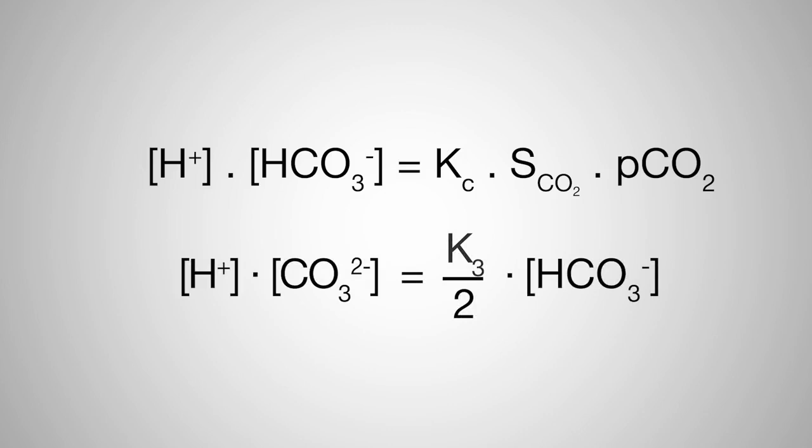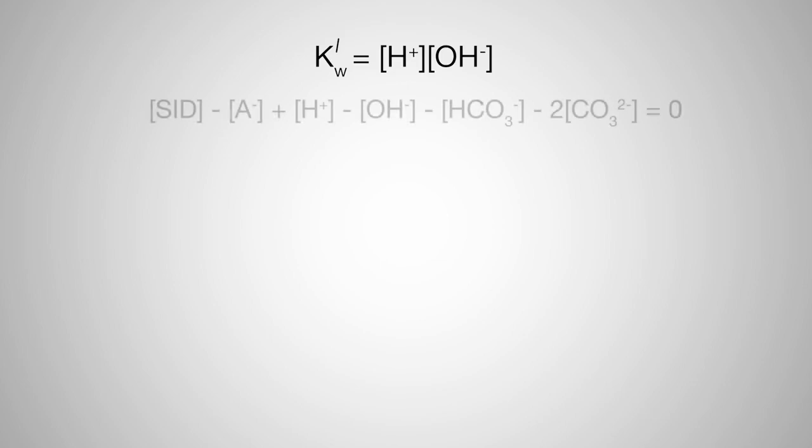We can then write all the equations for acid-base balance for this simplified model, and there are 6 of them in all. They are hydrogen ion concentration times hydroxyl ion concentration equals K prime W. We've seen that many times before. Then our ubiquitous electrical neutrality equation, but this time with bicarbonate and carbonate ions included as new anions.